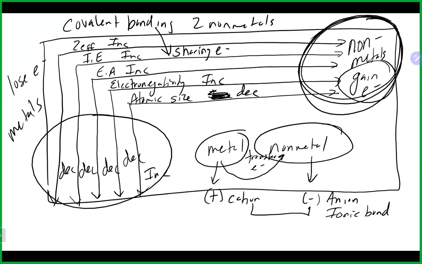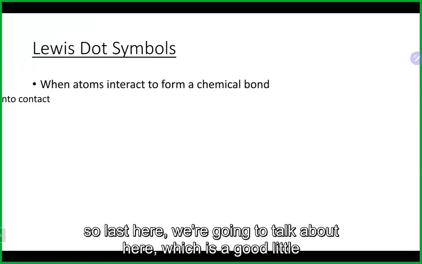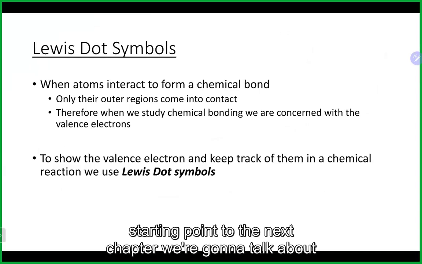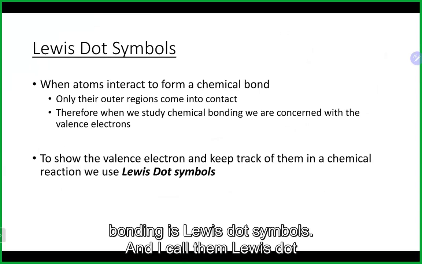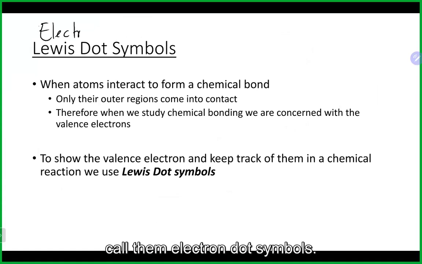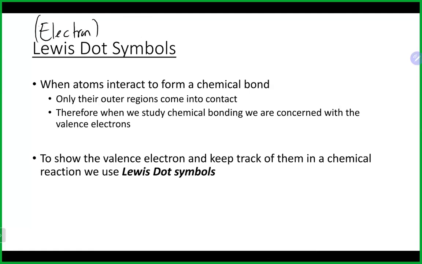Other questions? Okay. So last thing we're going to talk about here, which is a good little starting point to the next chapter, where we're going to talk about bonding, is Lewis dot symbols. I call them Lewis dot symbols, but nowadays sometimes people will just generically call them electron dot symbols.